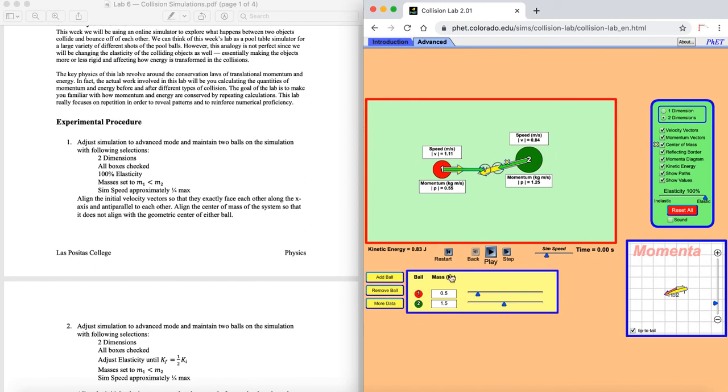So how do we make sure they don't hit head-on? Well, unless you want to change the masses of the ball, you don't want to leave this dialog box in this mode. Instead, you want to click on the More Data button here, which opens up a lot of useful information. It has the masses, it has the positions of the centers of mass of both balls individually. It has the initial velocities of both balls.